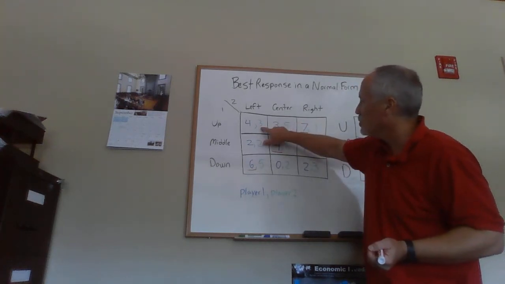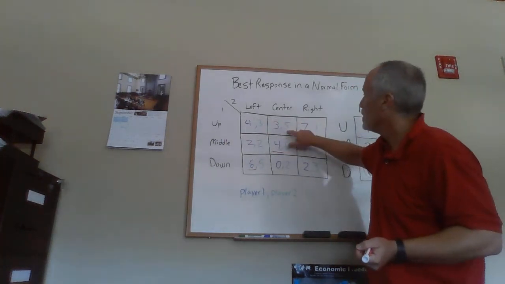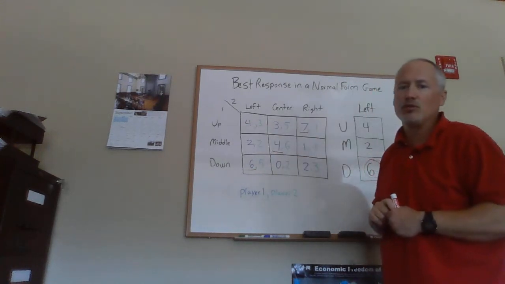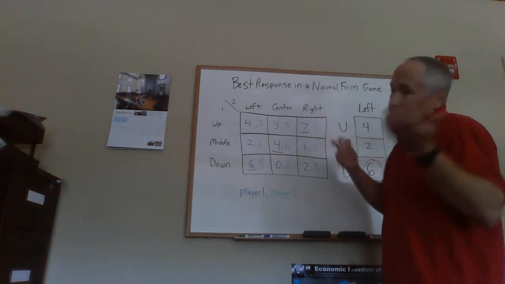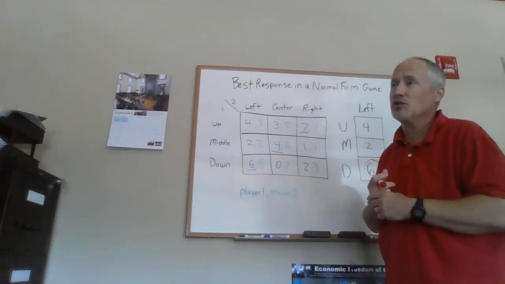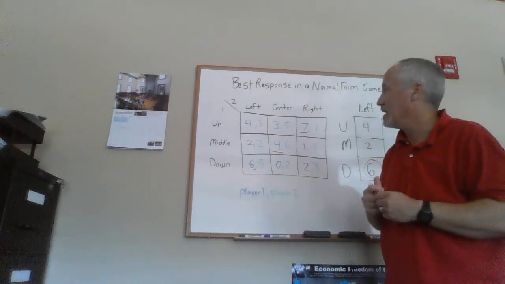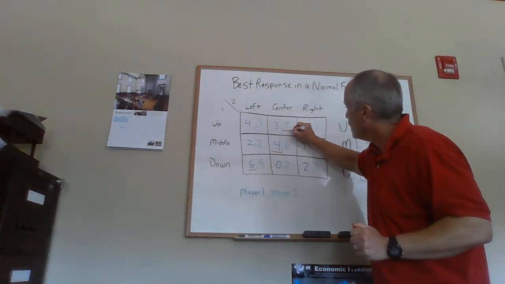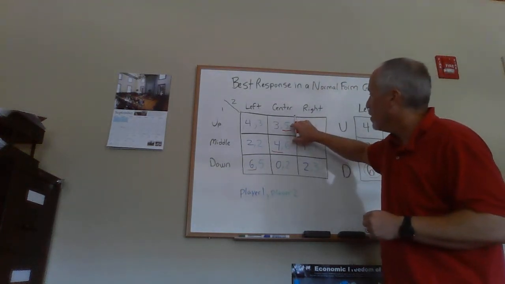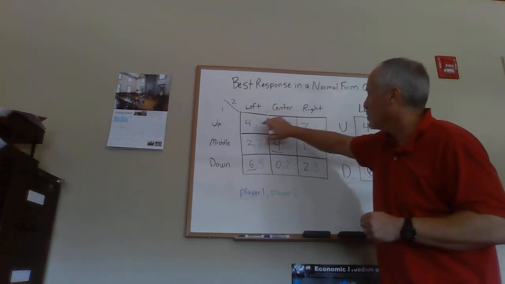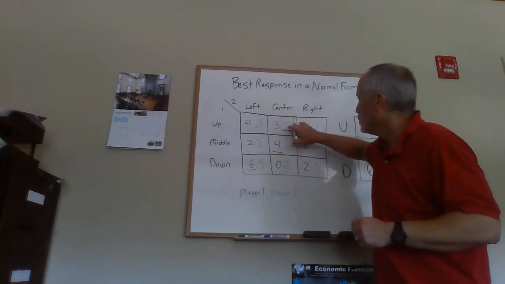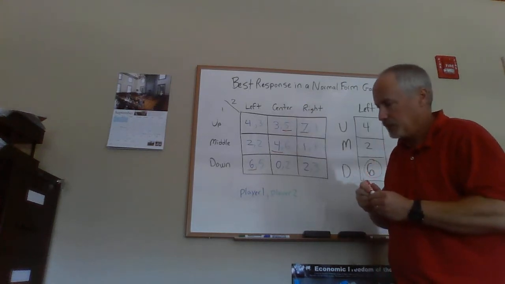They could get 3 if they chose left in response to up, 5 if they chose center, and 1 if they chose right. The idea of best responding is simply to choose the action that's going to give you the highest payoff, and that would be here. So it would be center, and by underlining 5, we're saying player 2's best response to up would be to choose center.